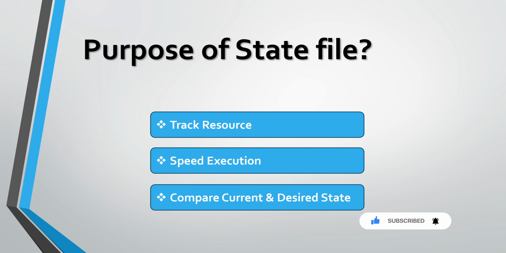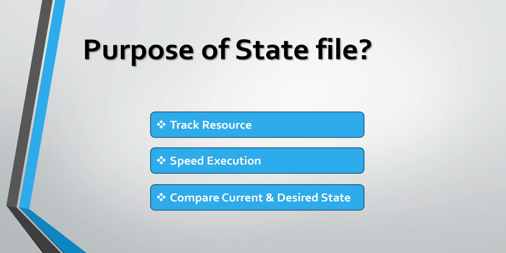Compare current and desired state. Since all the information is stored in the state file, when you are running the apply command multiple times, Terraform will compare the current state and the desired state.